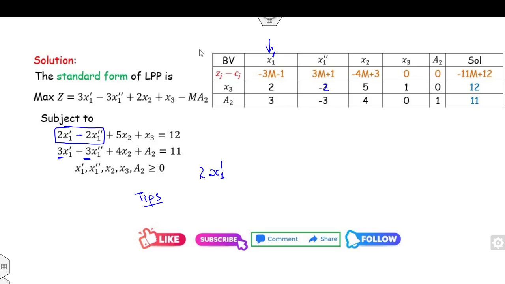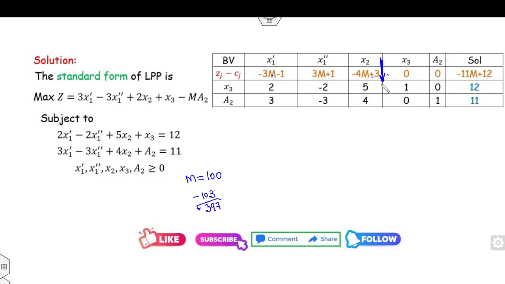The meaning is, if I say this value will be minus of 4, then this value will be plus of 4. That will reduce your calculation very well. Fine. Anyhow, now you can find the entering variable. Think about M as the largest number, say 100. This number is minus 103. This number is positive. This number is minus 397. So that part is my largest part. So this is my entering variable.